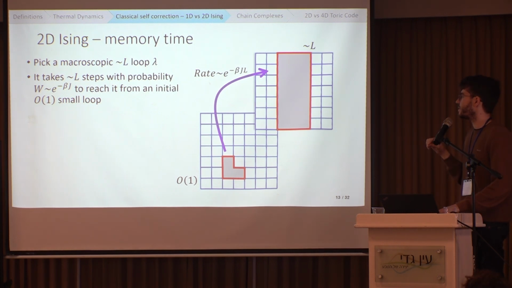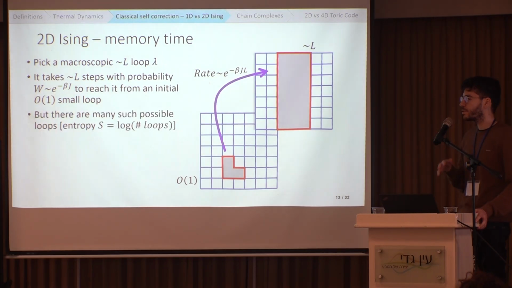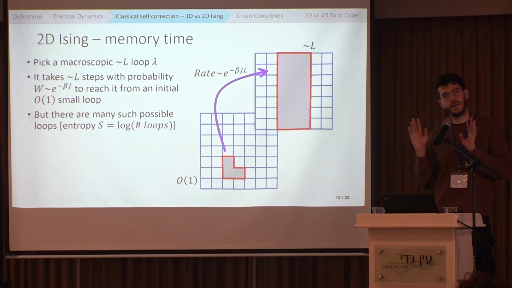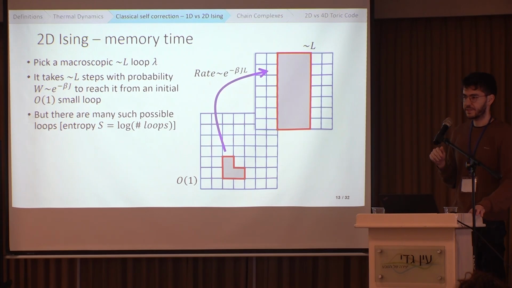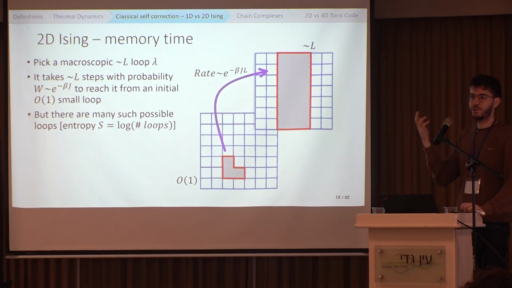But the problem is that that's for a specific lambda, a specific loop. Here, we also need to consider the entropy. While the configuration of all up or all down is a single configuration, we can have many different configurations with large loops in the system.